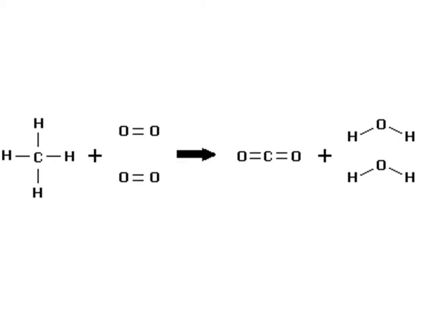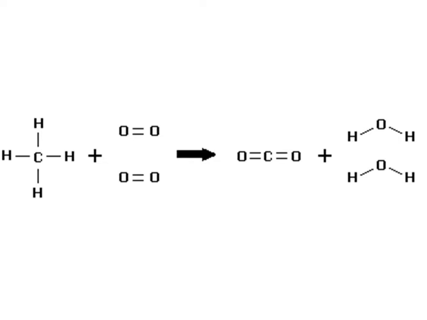Still, there's another representation of the chemical reaction on your gas range. This is in the form of structures which show the bonding between the atoms. On the far left you see a carbon atom in the middle, and that single line means that there's a single bond to each hydrogen atom. Moving to the right you see the oxygens, the O's, which have what looks like an equal sign, but that represents a double bond between the two oxygen atoms in a molecule of oxygen.